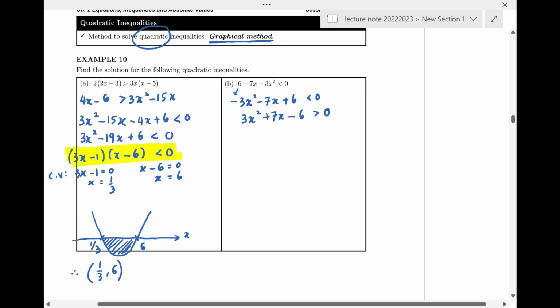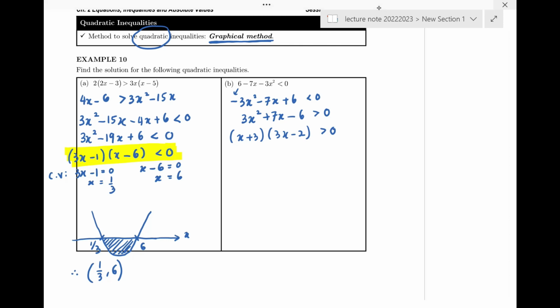As simple as that. Okay, so after we have made the quadratic expression on the left side positive, we factorize the quadratic expression. So we have x plus 3 times 3x minus 2 greater than 0. So here again, I'll be highlighting what I got here.